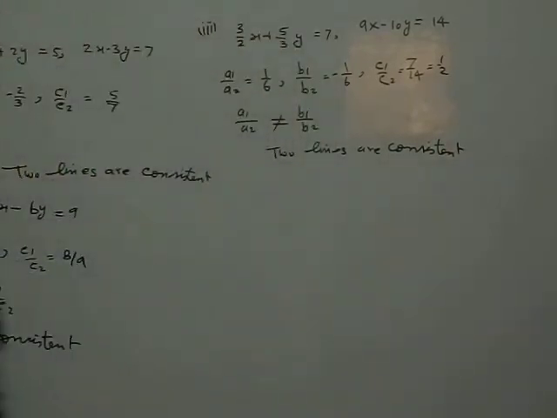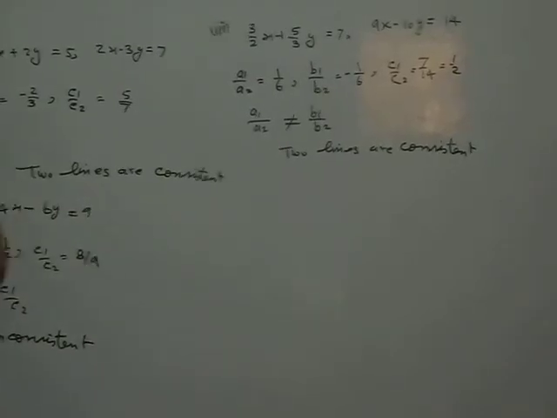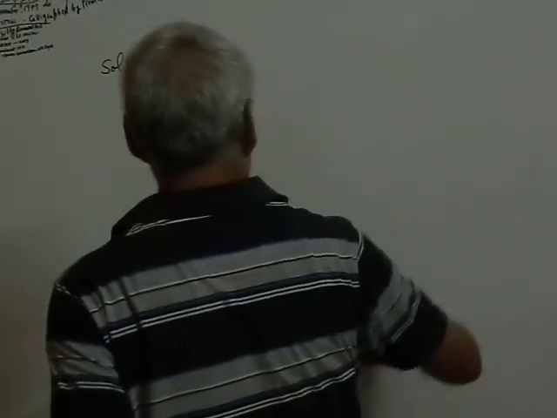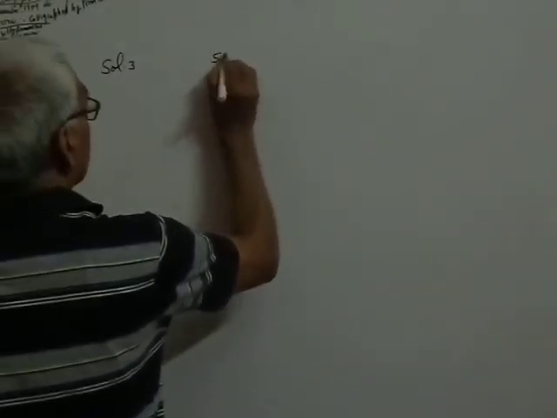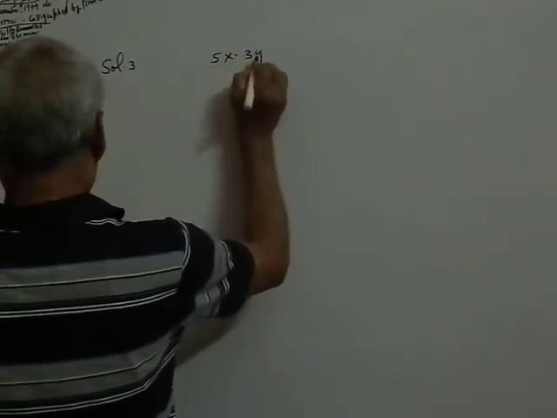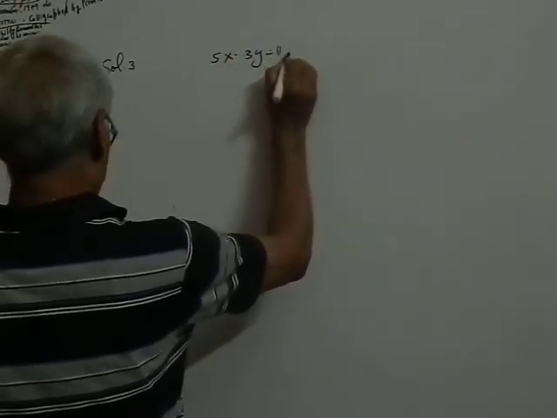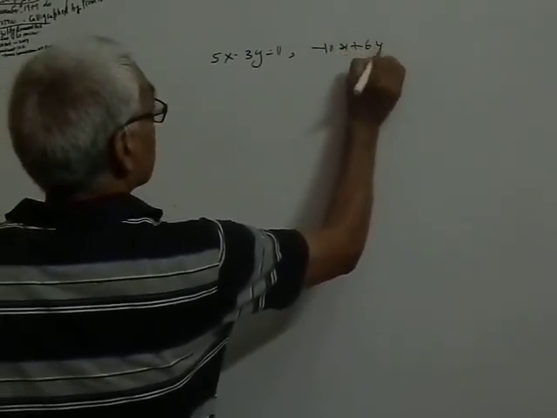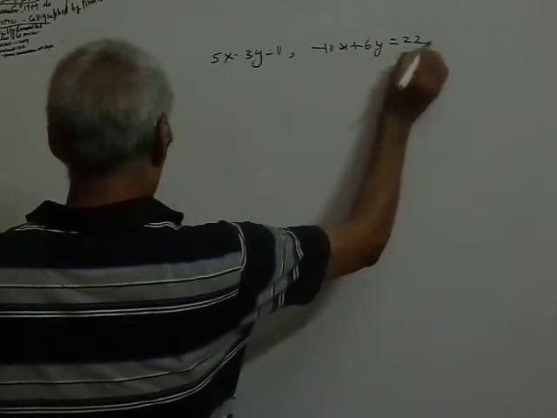Okay, now come to the fourth part of the question number 3. Fourth part, the two equations are 5x minus 3y is equal to 11, minus 10x plus 6y is equal to 22.